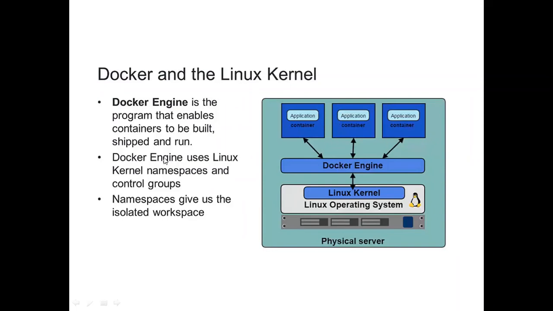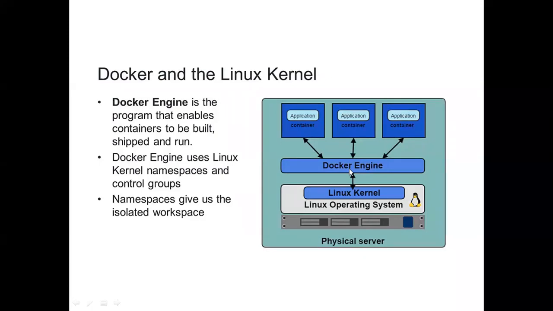Now, if I go to another machine where Docker Engine is running, my container will talk to the Docker Engine. The container is not bothered about what kind of OS it is or where it is running, because the container knows how to talk to the engine. It is the engine's responsibility to talk to the different flavors.